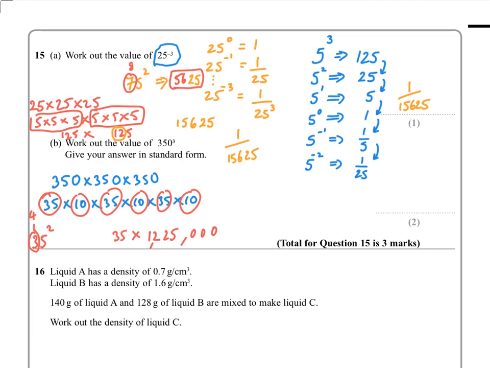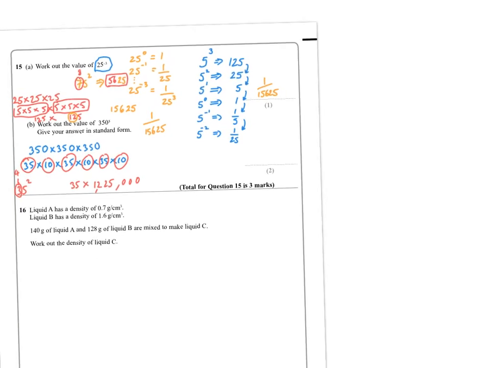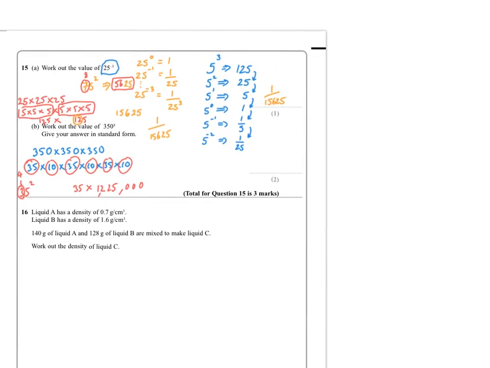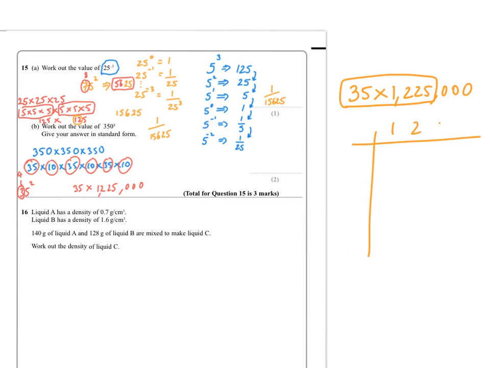Let's have a look at what that will be. There's a reason why I'm doing it without a calculator first, and you'll see that if you're patient. So if we do 35 times 1,225,000, then I'm not particularly worried about how big that number is. I'm going to do 35 times 1,225. So that's not too bad.